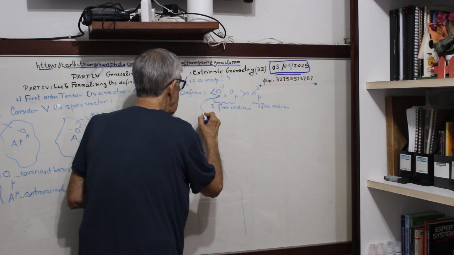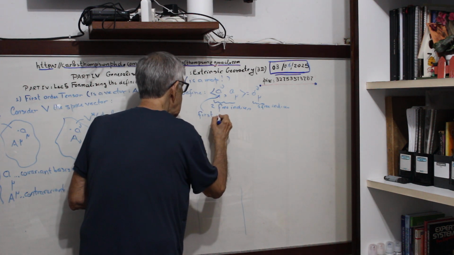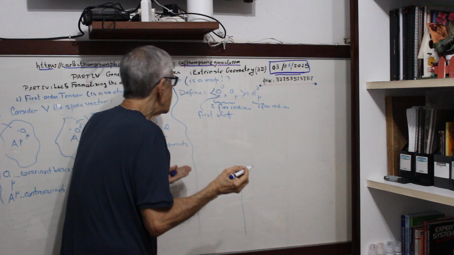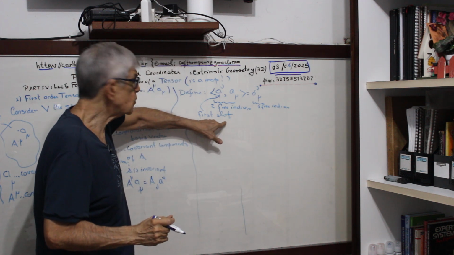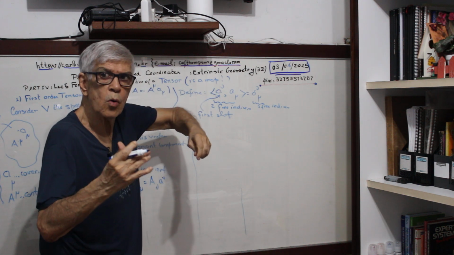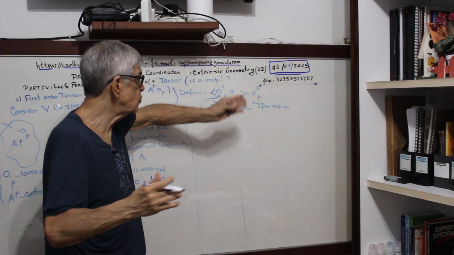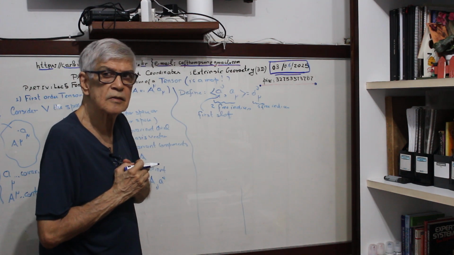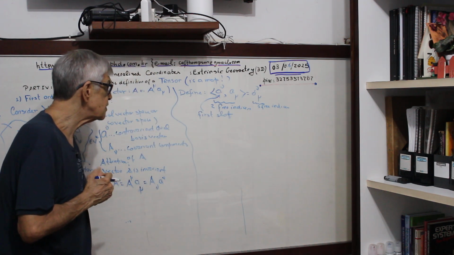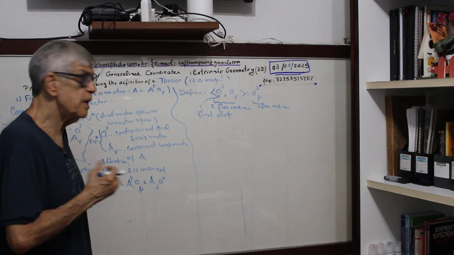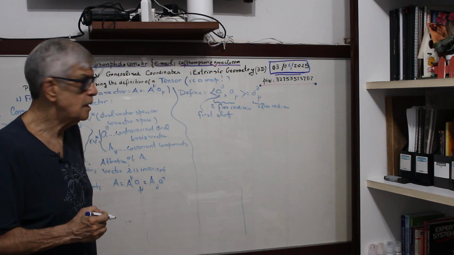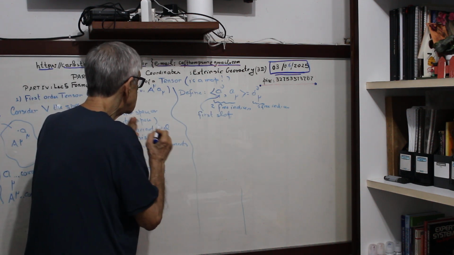This here we call the first slot. By convention, always in the first slot, you set the dual vector, in this case, the dual basis vector. That's the first slot. And the second one, you set the basis vector using the lower index.